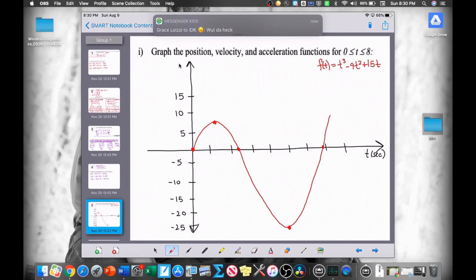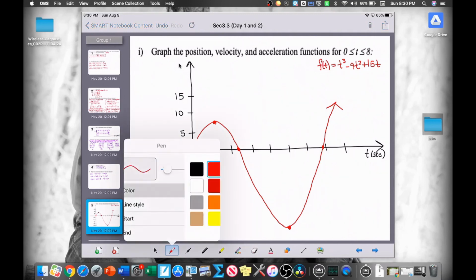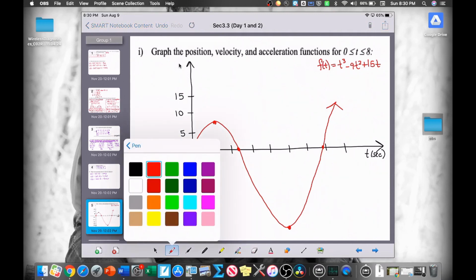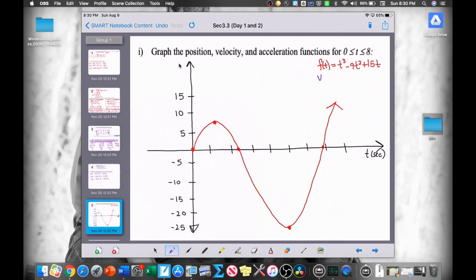And again, you can certainly verify that if you grab your graphing calculator and take a look. Okay? Then the next function we have is our velocity function. So let's change colors here. V of t, our velocity, is equal to 3t squared minus 18t plus 15. And that looks like a parabola.